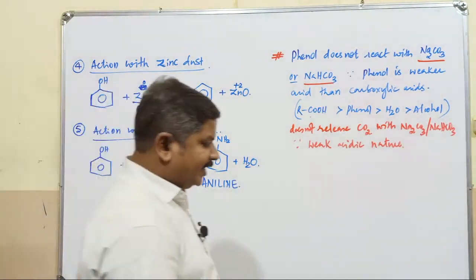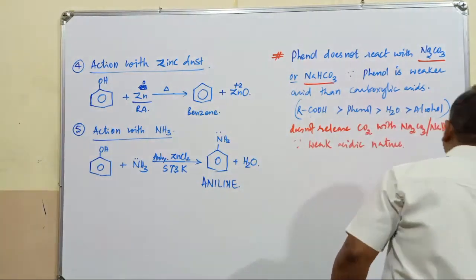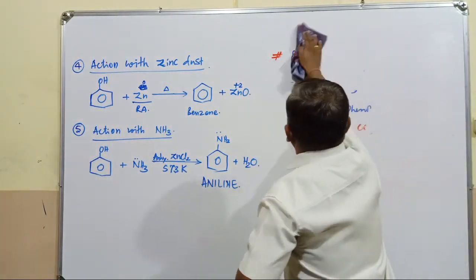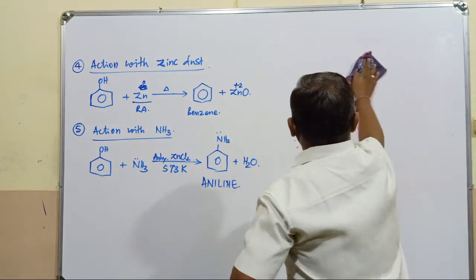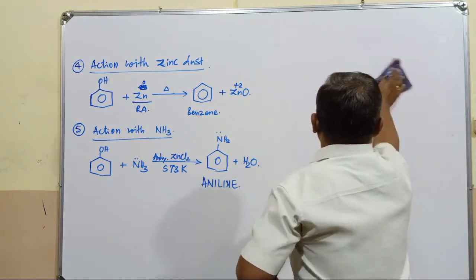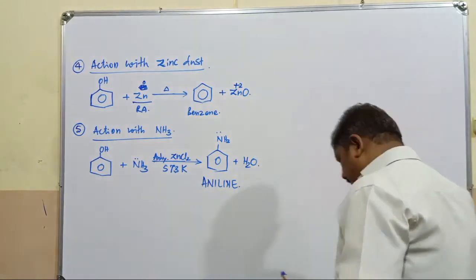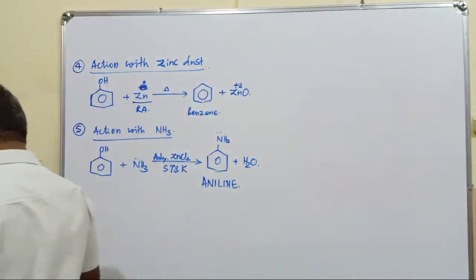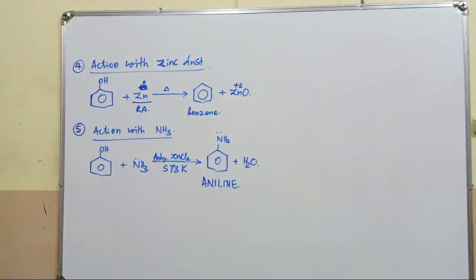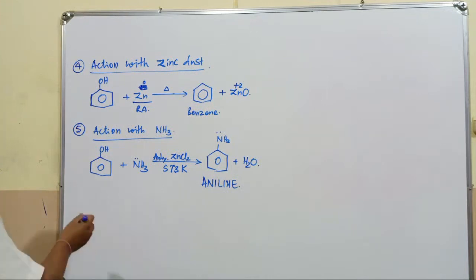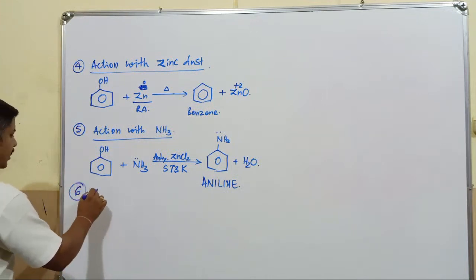Formation of aniline takes place in the presence of ammonia. These are simple substitution reactions. Conversion of phenol into aniline takes place by treating with ammonia in the presence of zinc chloride at 573 Kelvin.